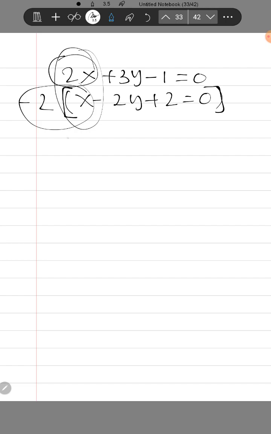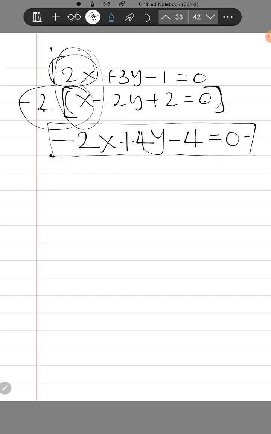The second equation is going to be minus 2 times x is minus 2x. Minus 2 times minus 2 is a plus 4. And then y. Minus 2 times 2 is a minus 4 is equal to minus 2 times 0 is a 0. Now we have the third equation here.